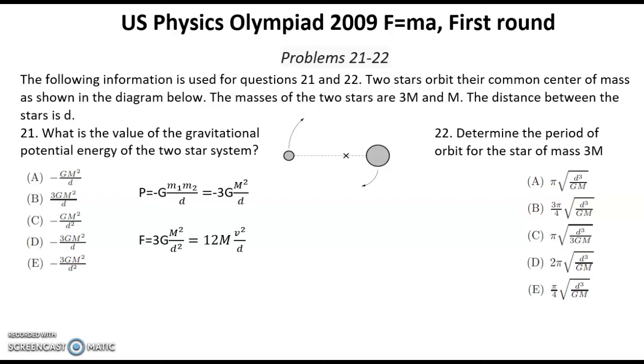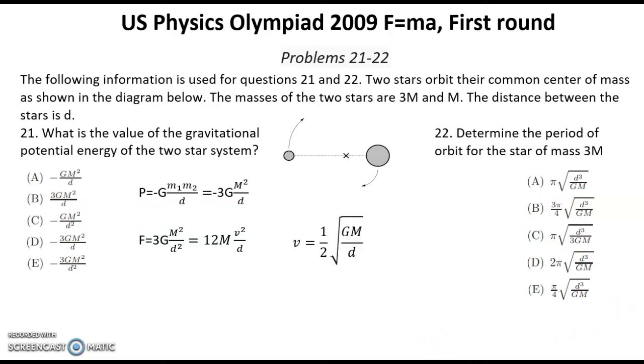But on the other hand, mass 3m is rotating around a common center of mass, which is at a distance 1/4 d from this big mass, and it's equal to total mass multiplied by v squared over a radius, and the radius is 1/4 d, so that will be 12m v squared over d. And from here we can find what is the speed of this big mass.